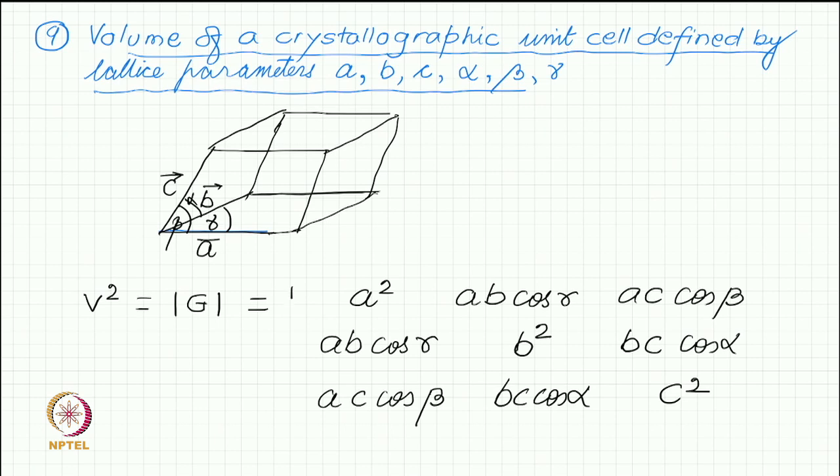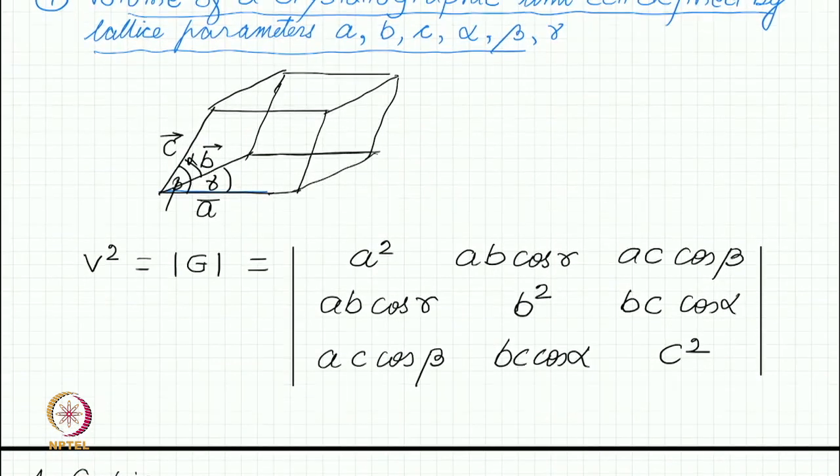So, however complicated it may appear, all you have to do is find the determinant of this matrix, and you have a formula for a general unit cell volume.